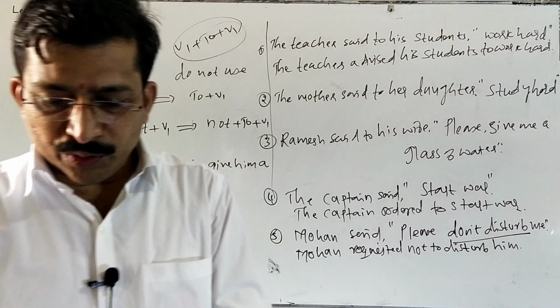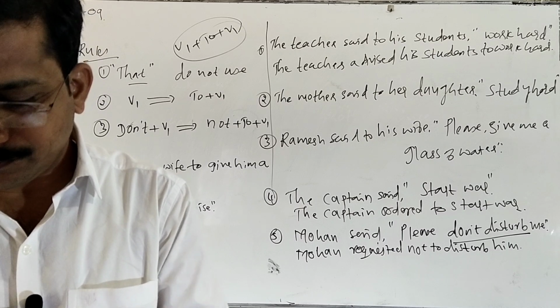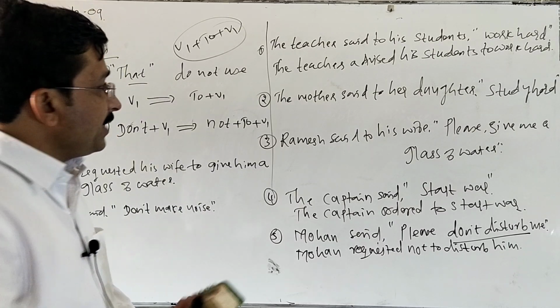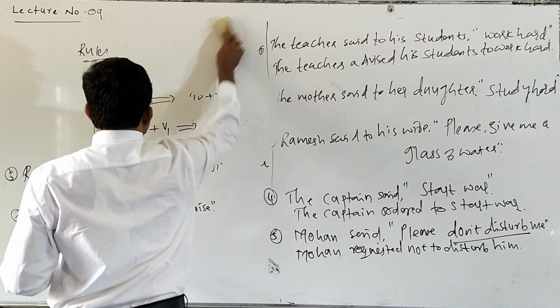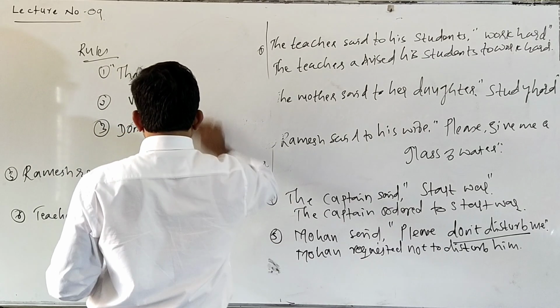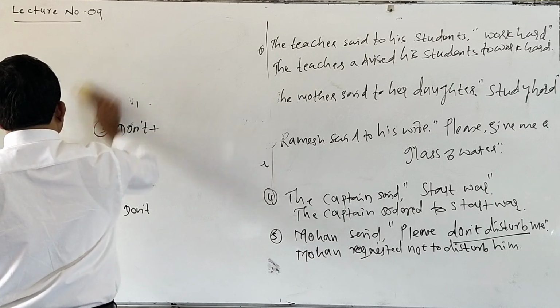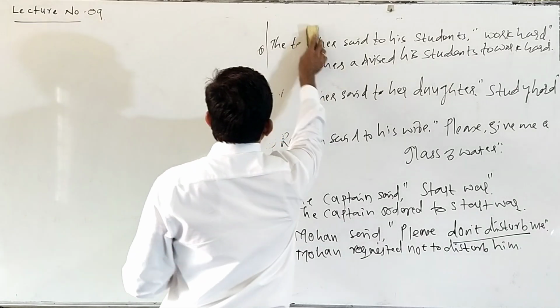Now, we will solve a few questions on exclamatory sentences. Exclamatory sentences express feelings based on interjections. In exclamatory sentences, we use the rules and regulations as we used in assertive sentences.